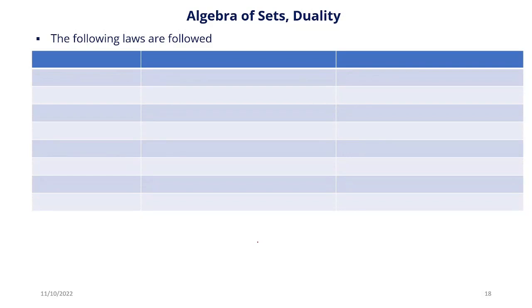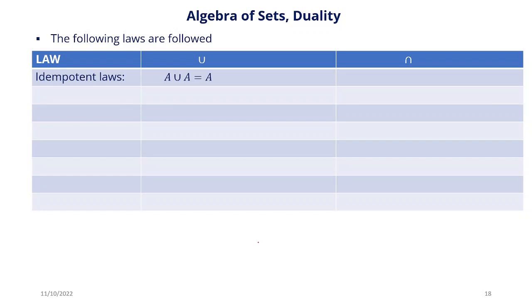Now let's look at the topic of algebra of sets. We're looking at duality. The following laws are followed in the algebra of sets. First of all, we'll look at the union law and the intersection law. We'll talk about the idempotent laws, or the law of idempotency.